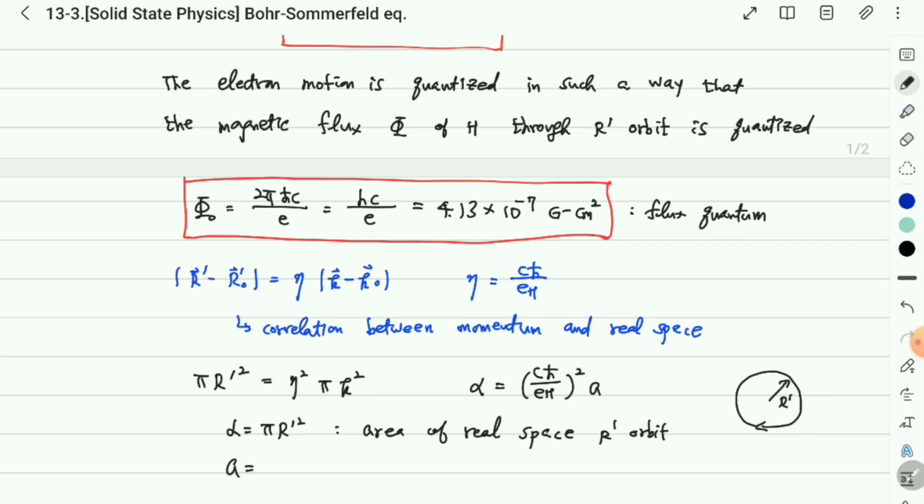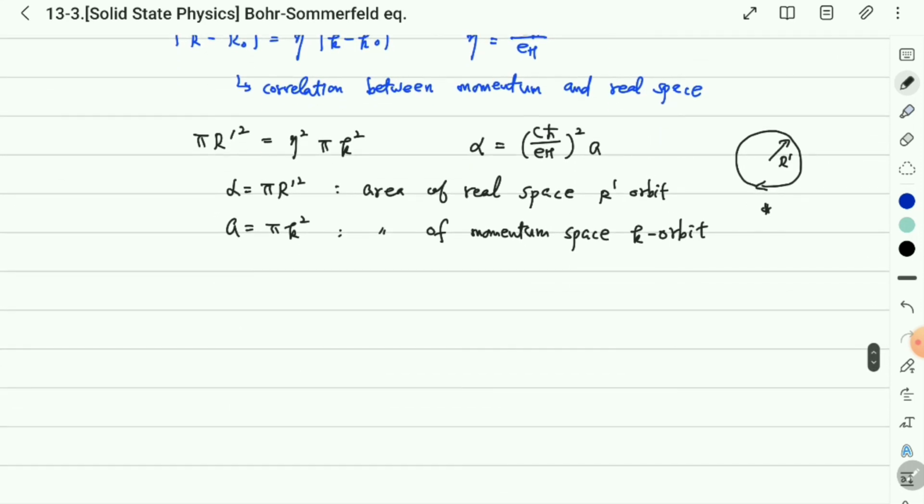We can think that the area of momentum space is pi k square. This can be transformed to momentum space, and pi k square is the area of a momentum space.